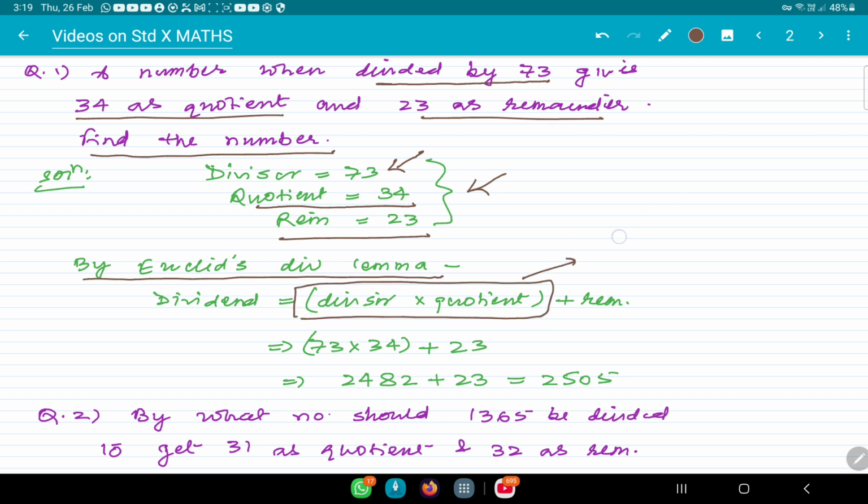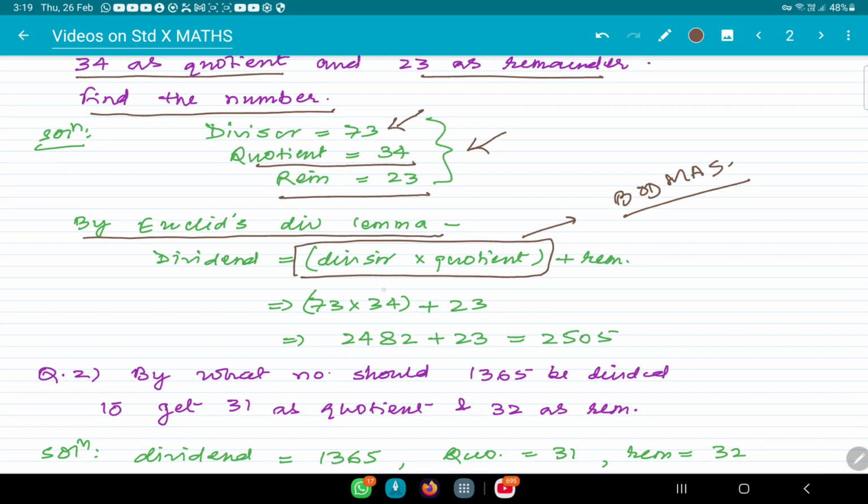According to the BODMAS rule, which is very simple for you at this stage but always remember, you do the bracket first, then whatever answer comes, you add 23 to it. So put your given values in the formula: 73 into 34 within brackets plus 23. The final answer will be 2505.